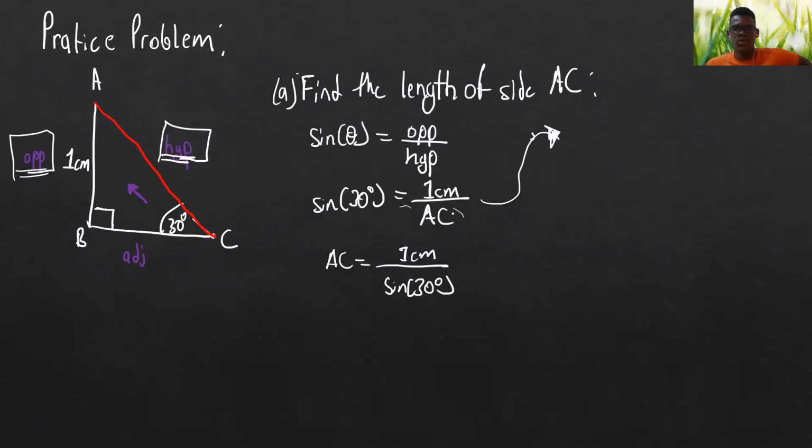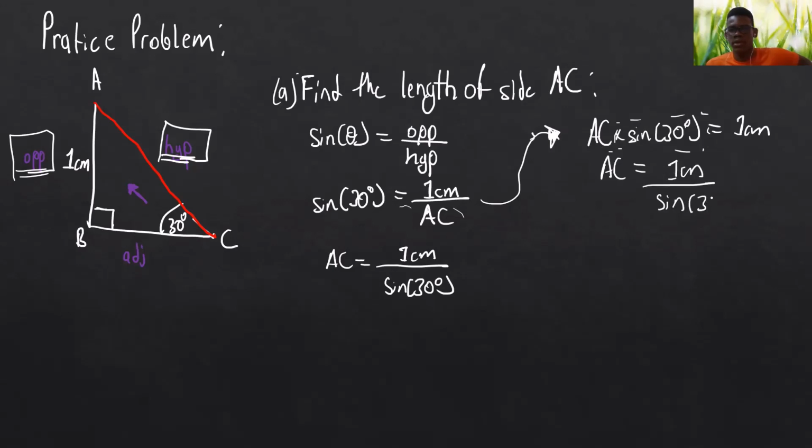AC is dividing over here, so when I carry it across, it will be multiplying. So I end up with AC multiplied by sine 30 degrees is equal to 1 centimeter. Then I carry across this sine 30 because I want to make AC the subject. The reason I carried AC across is so that it would be in the numerator. Carry AC across, carry sine 30 across, and we end up with 1 cm divided by sine 30.